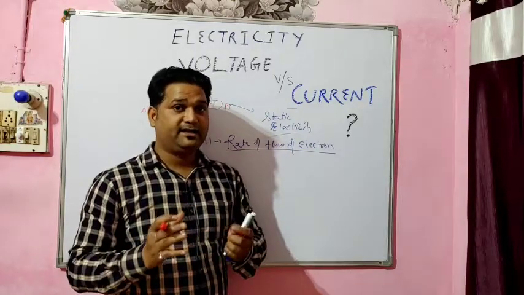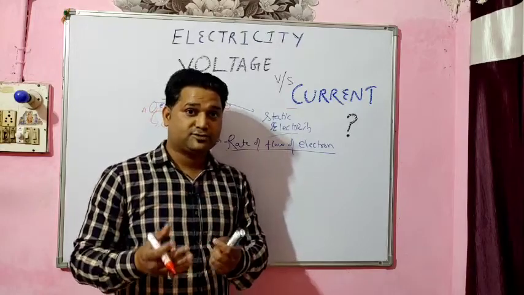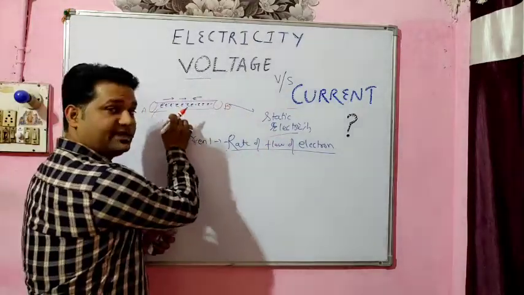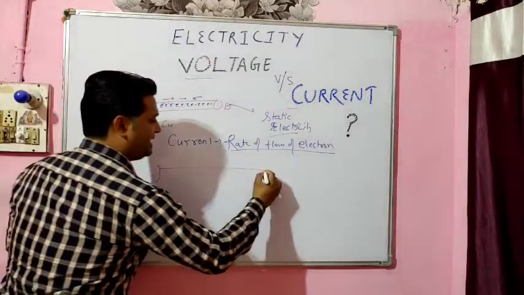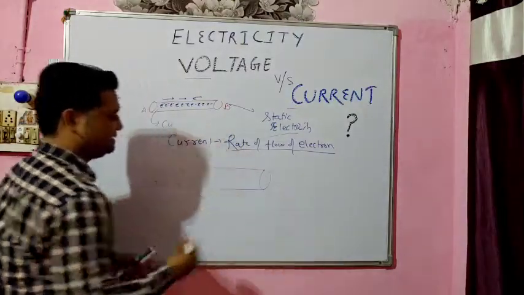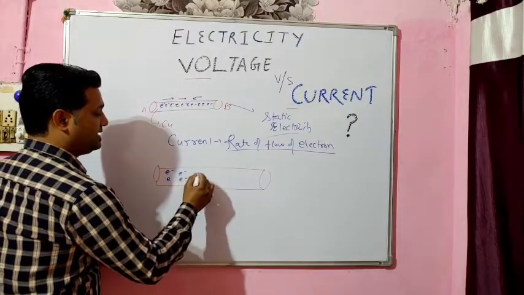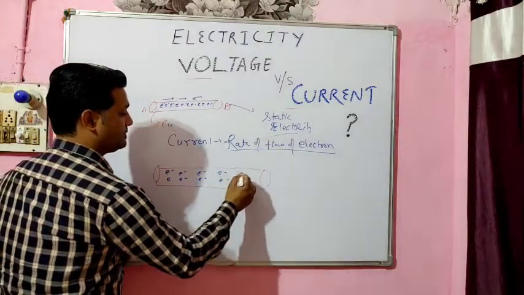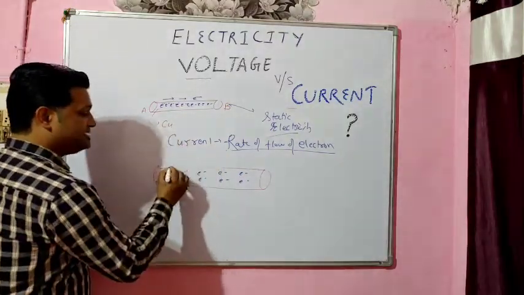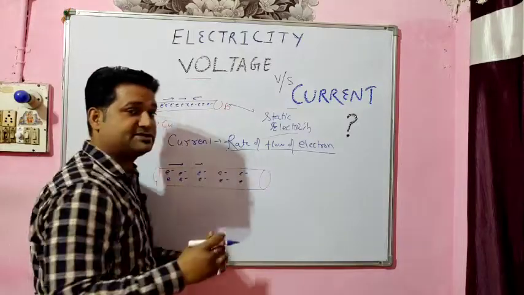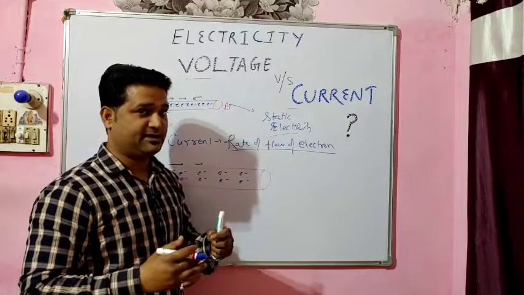Now I will tell you how a battery provides that force to move a charge or electron from A to B. Suppose I have one wire and electrons are present over here. When the electrons move, they constitute an electric current.